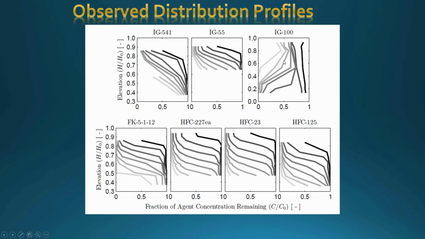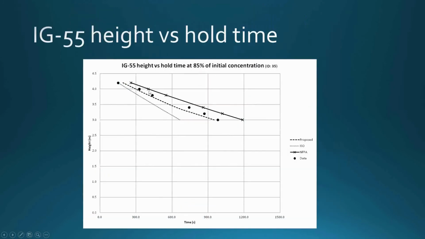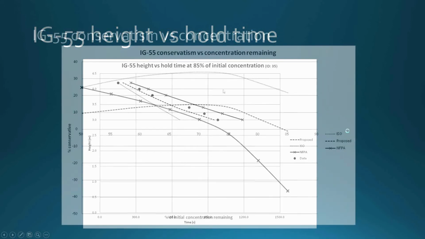And IG 100 essentially has no interface formation at all. IG 55, when we look at height versus hold time and the data that we took, the ISO standard is here, showing very, very conservative, showing very, very short retention time. NFPA is over here, and the truth actually is right in the middle there somewhere.